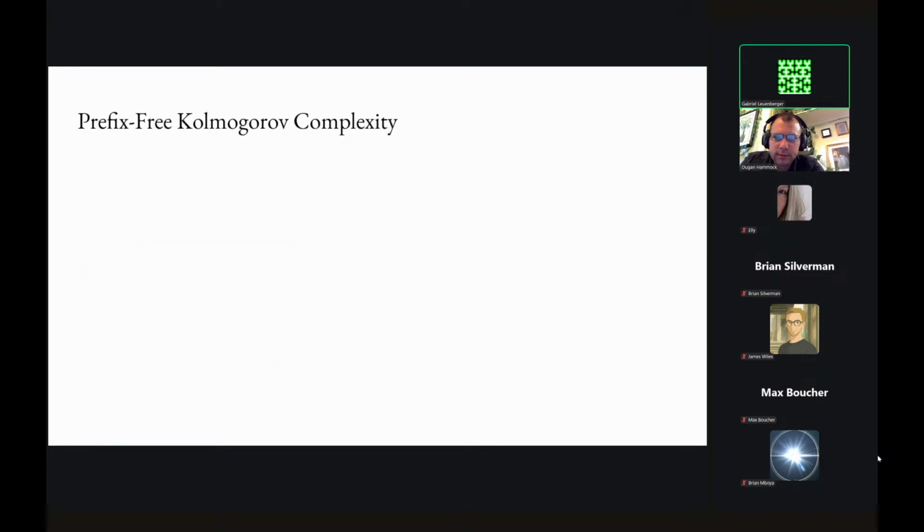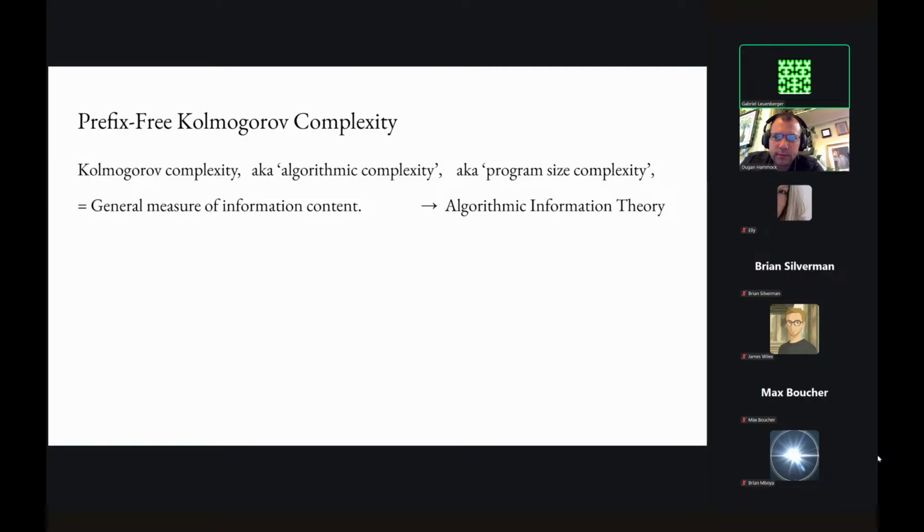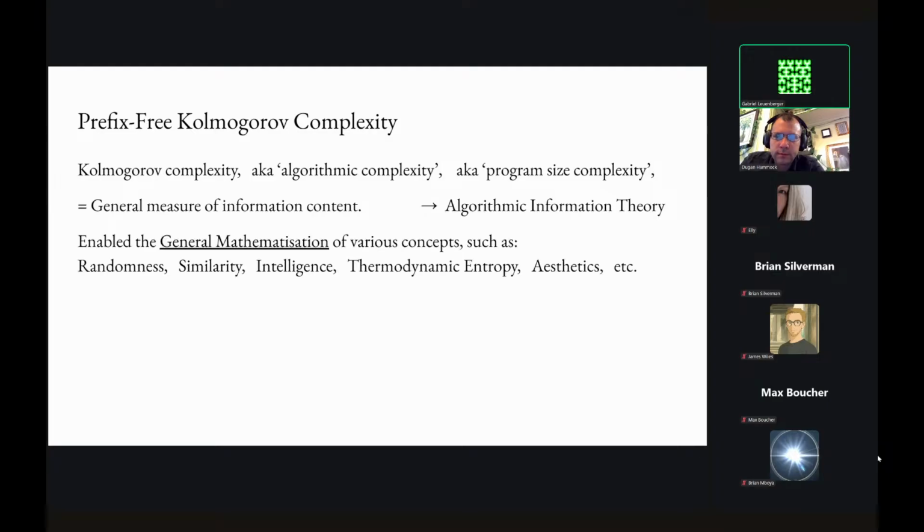So, what also appears in the proof is Kolmogorov complexity. I'll just give a very brief summary of what that is. Kolmogorov complexity is just a very general measure of how much information is in a bit string, for instance. The science about Kolmogorov complexity is called algorithmic information theory.